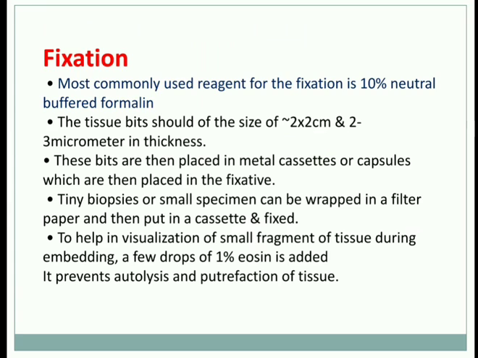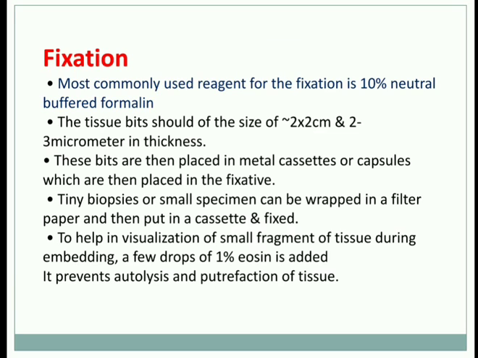First we do fixation. The most commonly used reagent for fixation is 10% neutral buffered formalin. Formalin is the most commonly used fixative. The tissue bits should be of size 2 by 2 cm and 2 to 3 millimeters in thickness.